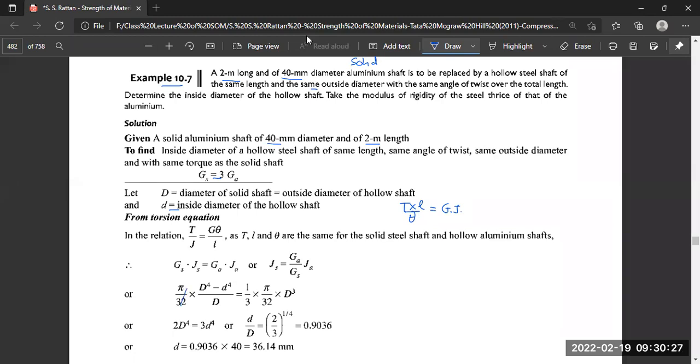We are cancelling terms here, and D will come here to make it D to the power 4. So we have D to the power 4 minus d to the power 4 is equal to 1/3 D to the power 4, or d to the power 4 is 2/3 D to the power 4, or small d by capital D is (2/3) to the power 1/4, which is equal to 0.9036.